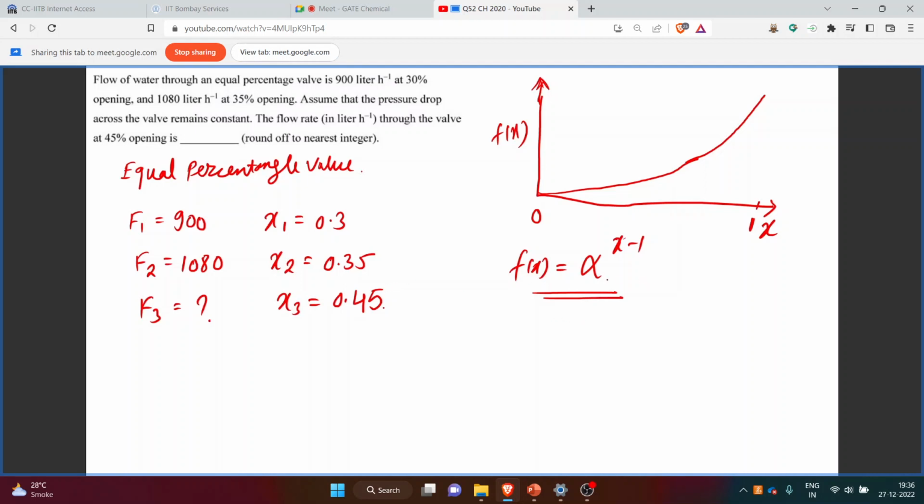So we can use this correlation where F is the ratio to the maximum flow and x is the valve opening. So let's put these values in this equation.